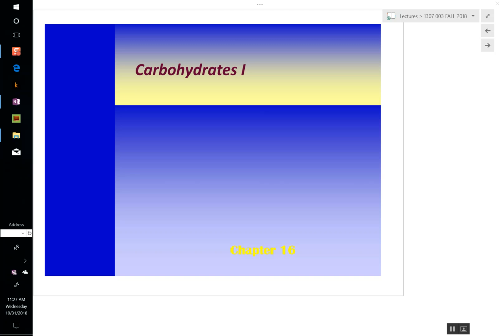In the biochemistry section, we're going to concentrate on the 4 major classes of biochemical molecules: carbohydrates, lipids, protein, and then nucleic acids. Chapter 16 will be on carbohydrates, chapter 17 lipids, chapters 18 and 19 will deal with proteins, and then chapter 20, nucleic acids. So that's where we're headed.